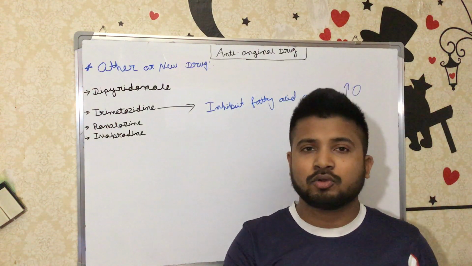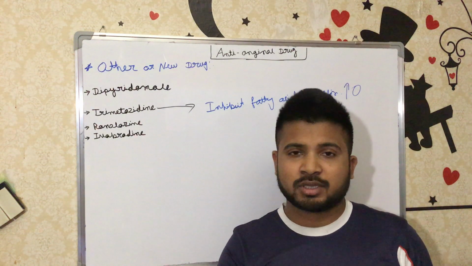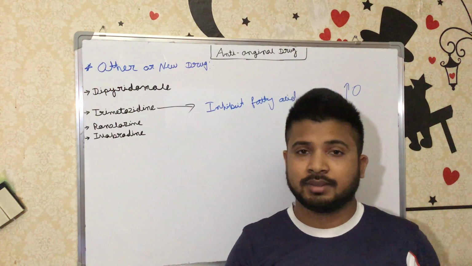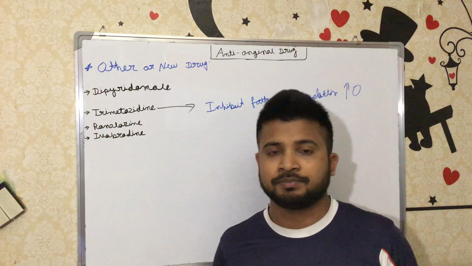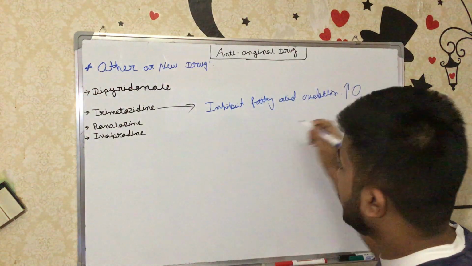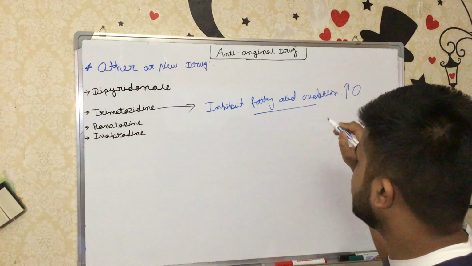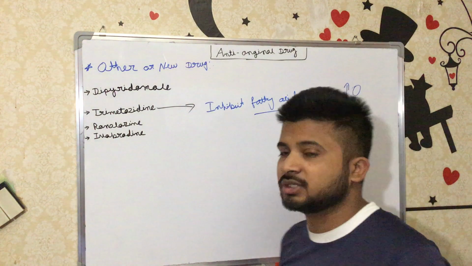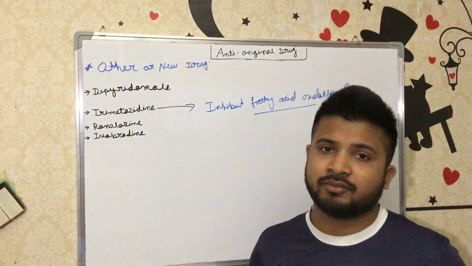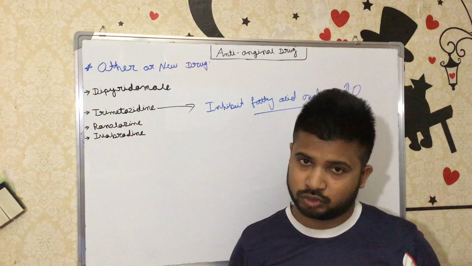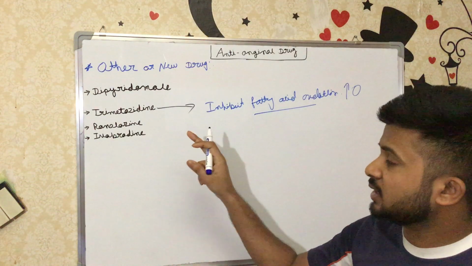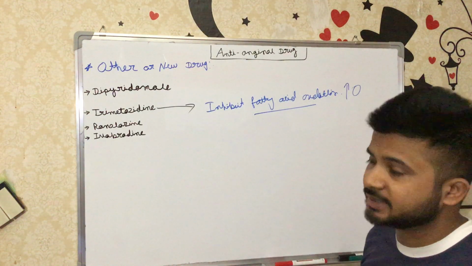And as we know, glucose takes less oxygen than fatty acid for energy production. That's why if we inhibit fatty acid oxidation, even in less oxygen we can get the energy from glucose. That's why this drug is used as an anti-anginal.